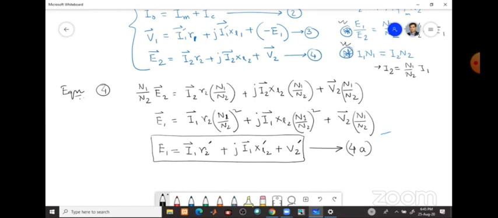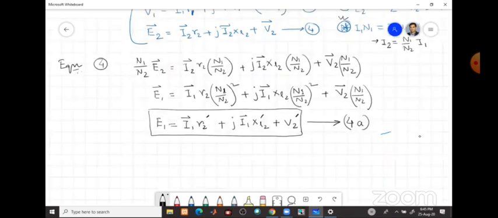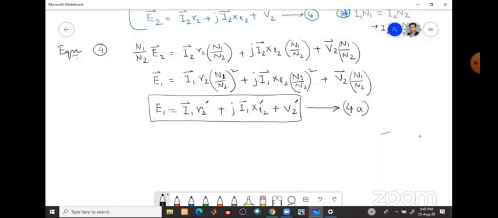That means E1 by E2 equals N1 by N2, and I1 N1 equals I2 N2. Now, if this is the equation, then what will be the circuit? If we want to go for the circuit realization, what will be the circuit for this? Here our induced voltage, that is the source voltage, is E1.